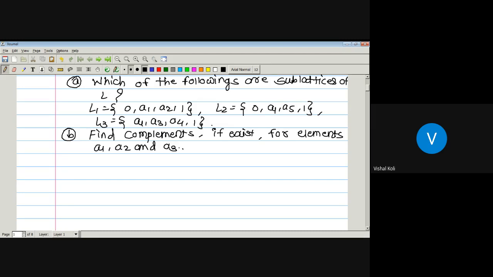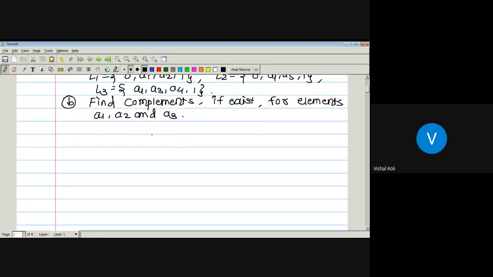If they exist, then we have to find the complements of only three elements, that is A1, A2, and A3. Next one: is L distributive? That is, is the given lattice distributive or not? And the last one is: is L a complemented lattice?